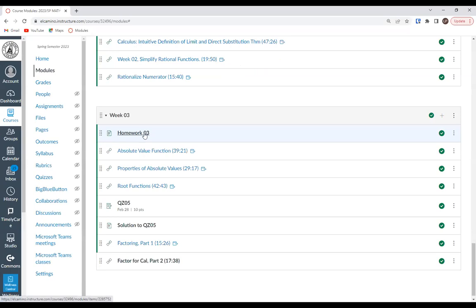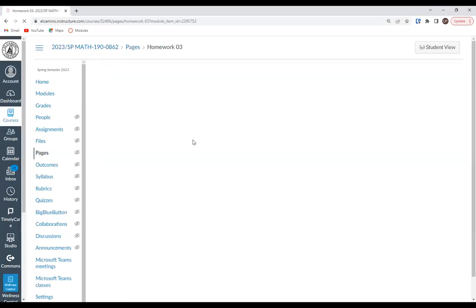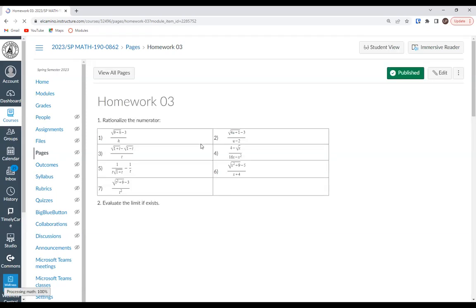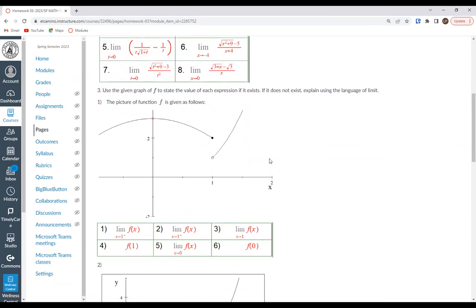So homework number 3, we've seen a couple of situations where the limit does not exist. Actually, it happens in different shapes and forms. For example, in this case, you see the limit approaching 1 from smaller than 1.